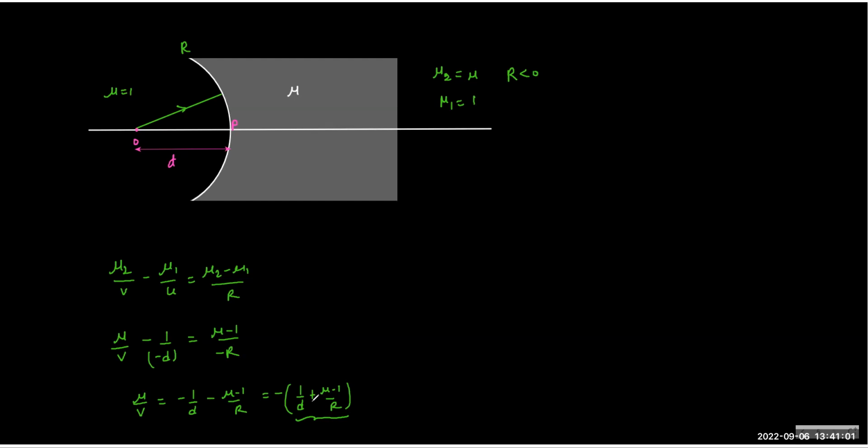So a real object will have 100% virtual image. So a real object will have only virtual. Can we have a real object and a real image? Totally discarded because there is no scope here. Can you see that? There is no scope. So now we will have to try the virtual one.